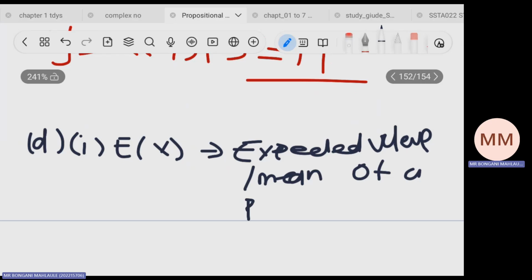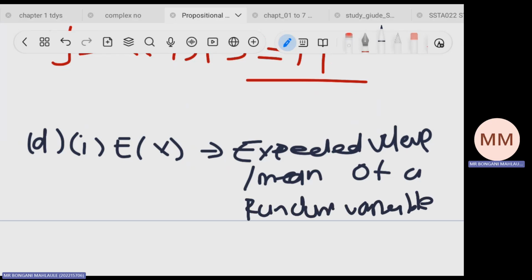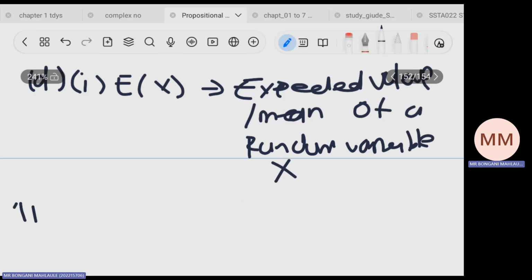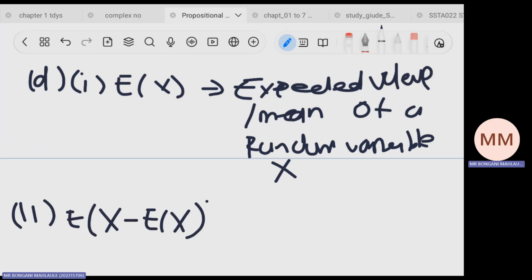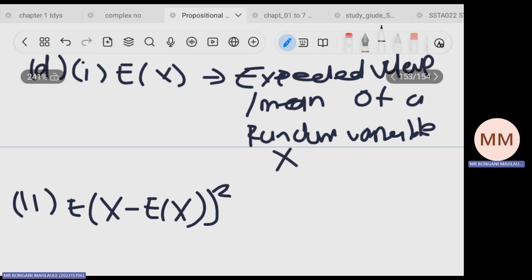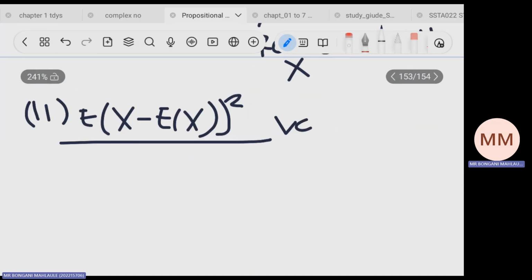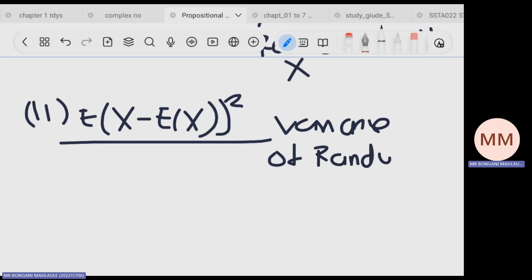So you must also include this: of a random variable X. Second, E[(X minus E(X)) squared] represents the variance of a random variable X.